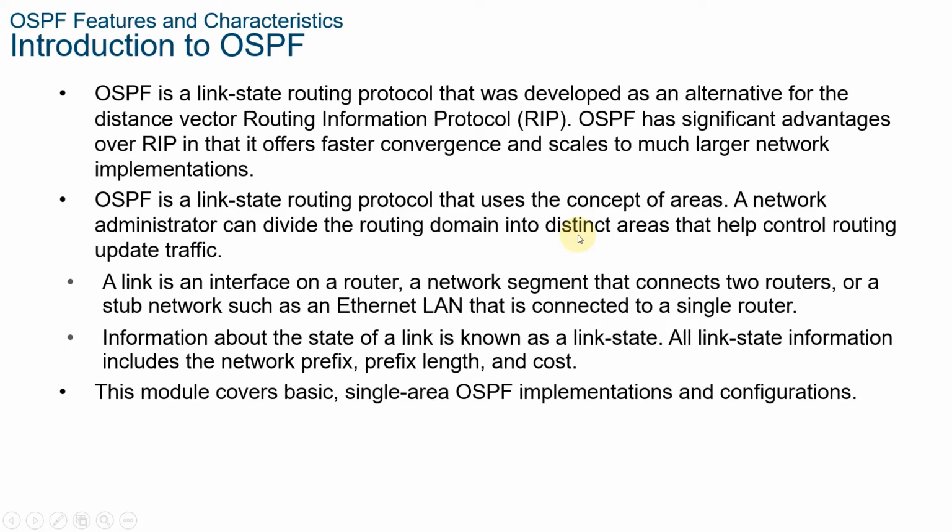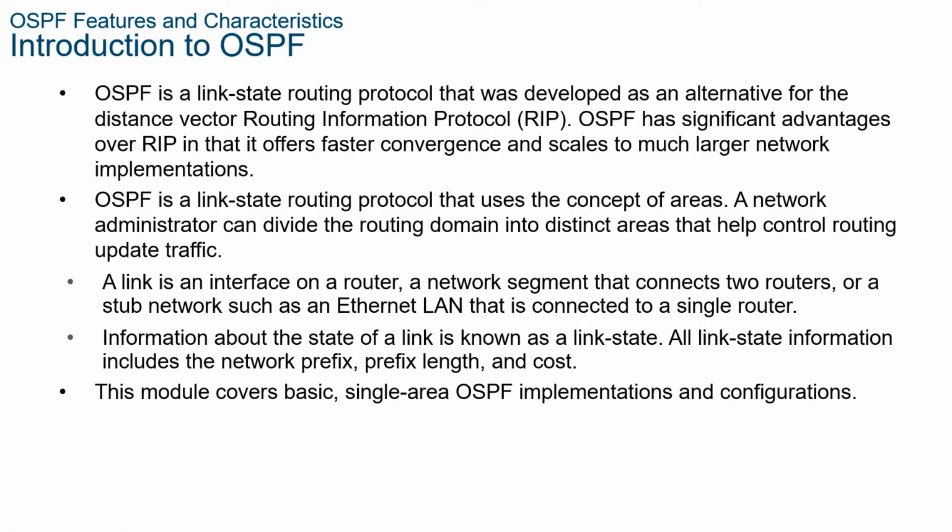So OSPF is a link state routing protocol that was developed as an alternative for the distance vector Routing Information Protocol, or RIP. RIP was an acceptable routing protocol in the early days of networking and the internet.